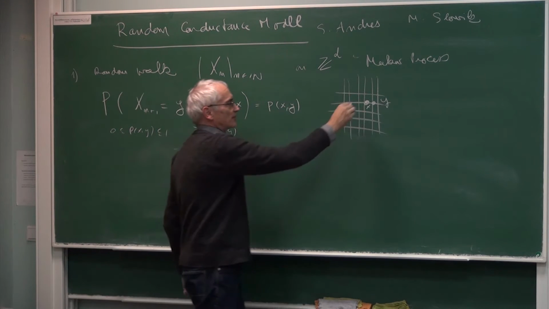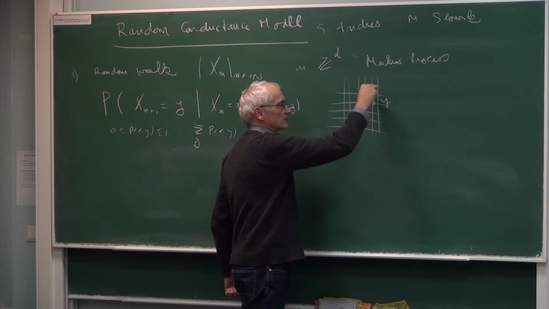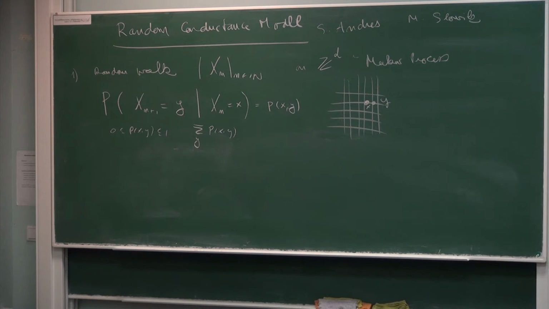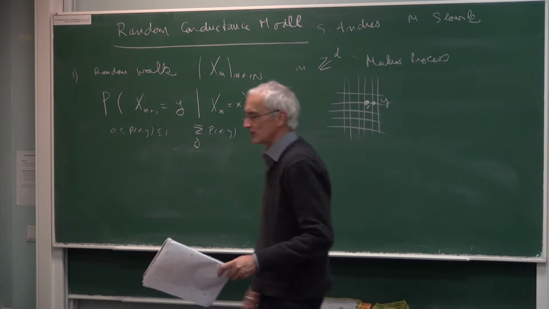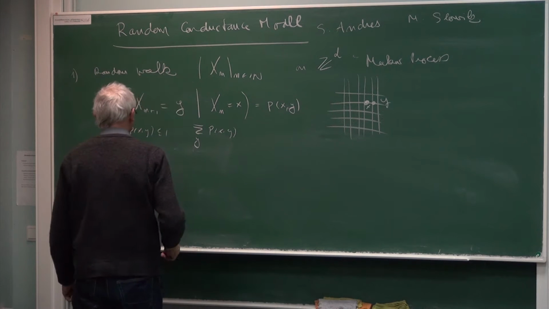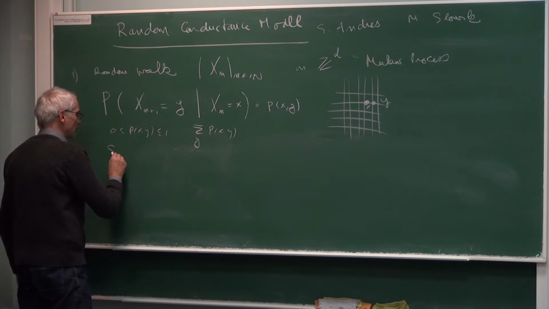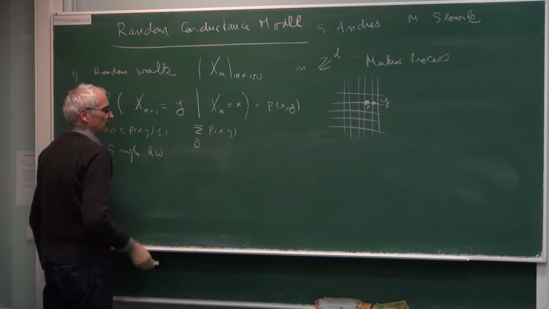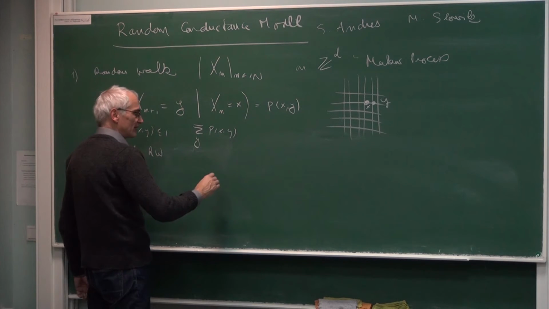So basically, you start with a particle at some point, you jump, and you jump, and you jump. This is how you can define a random walk. And if you want to have one model in mind, to keep for quite some time, just consider what is called the simple random walk, with the following property: just jump to a nearest neighbor.